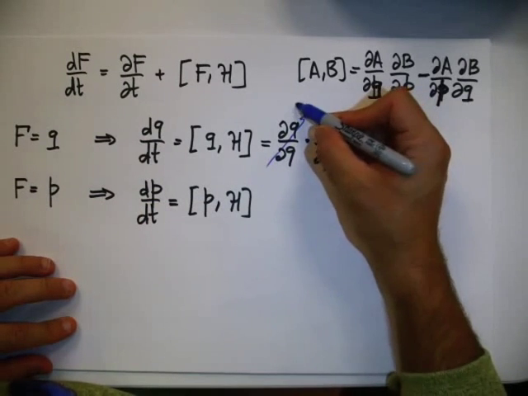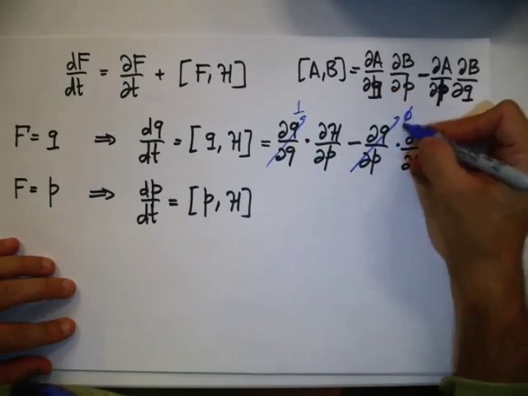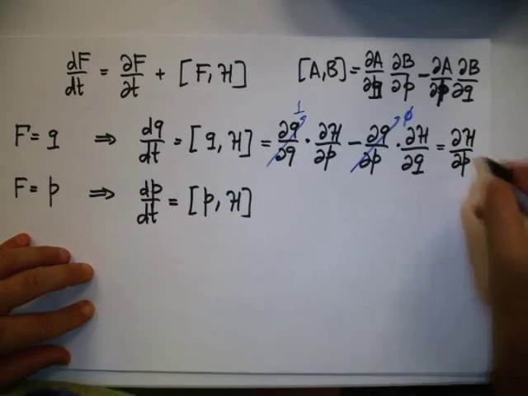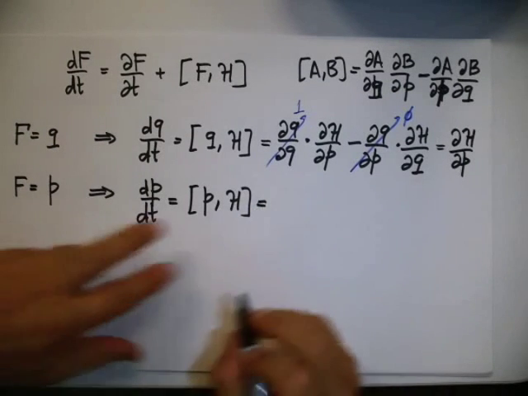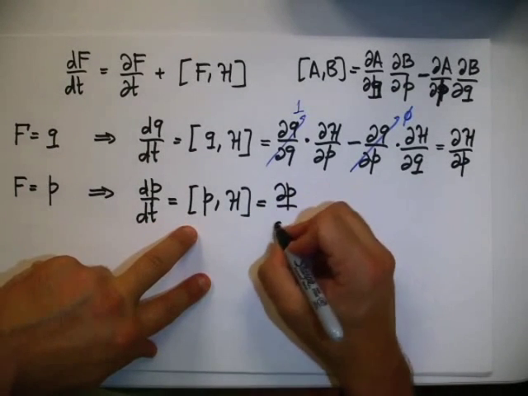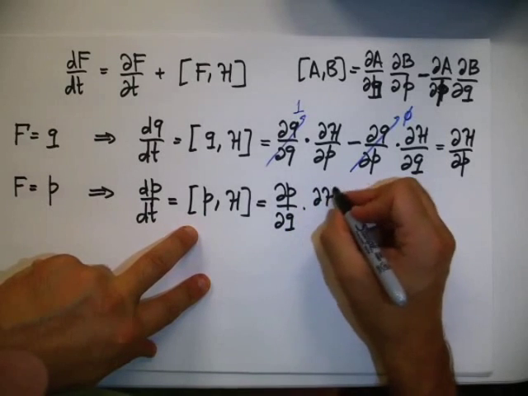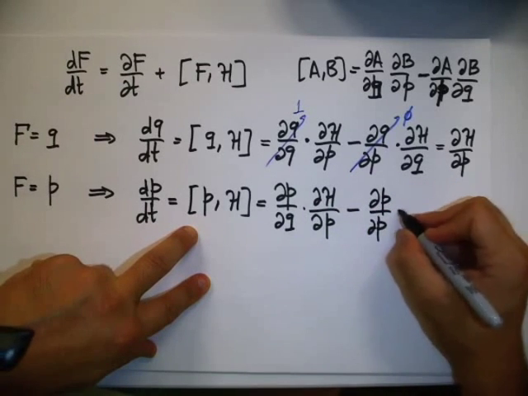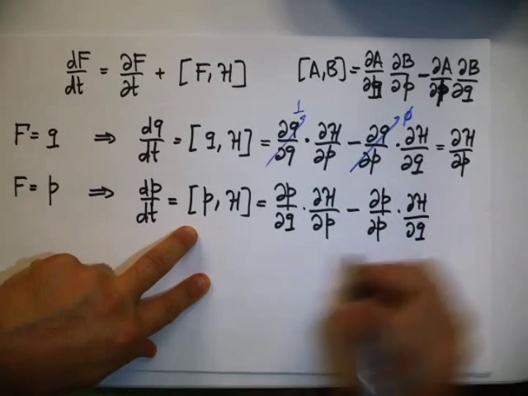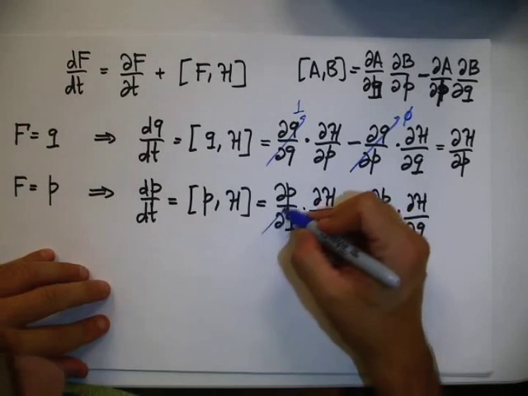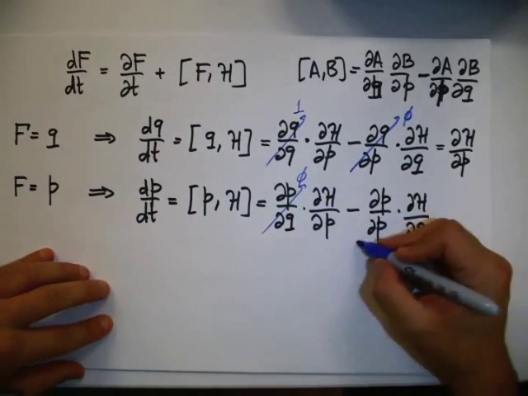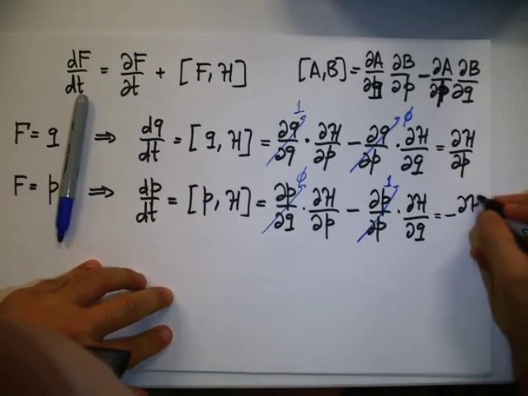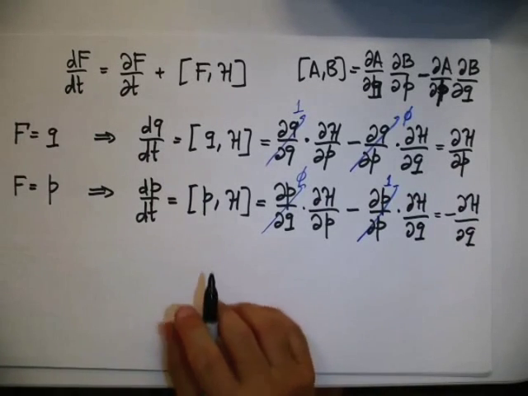Now this is 0 and this is 1, so this is equal to minus dH dQ.